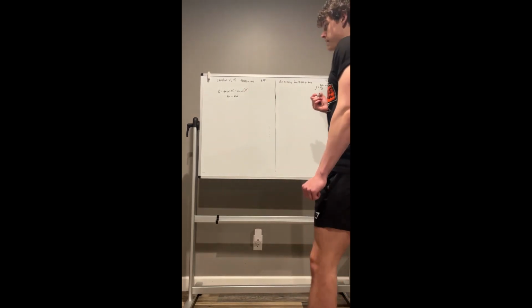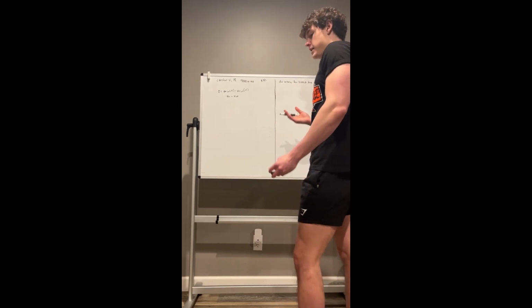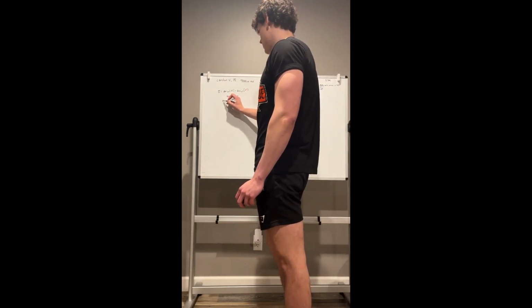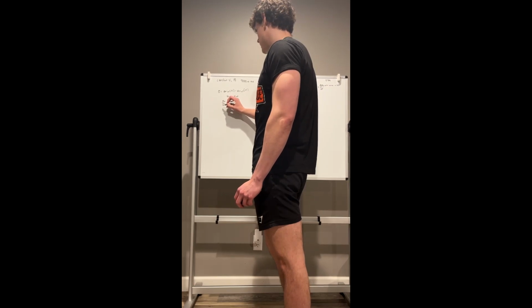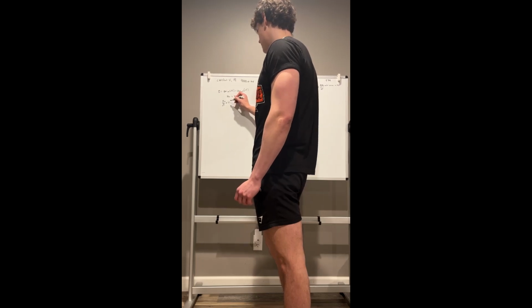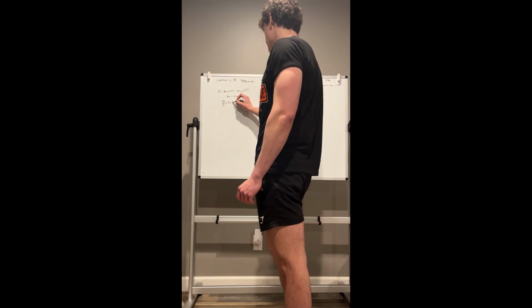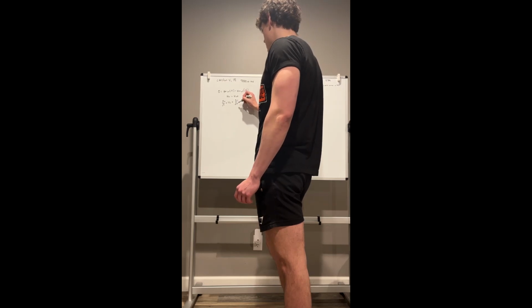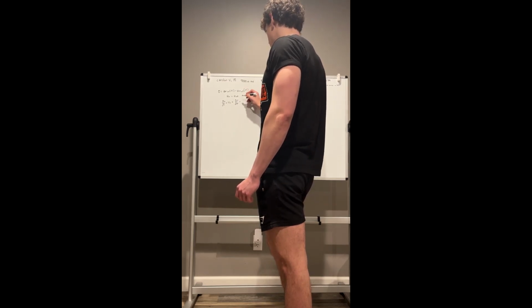So knowing this, we can transform our h back into its parts. So our P in over density in plus our internal energy in is equal to our P out over our density out plus our internal energy out.